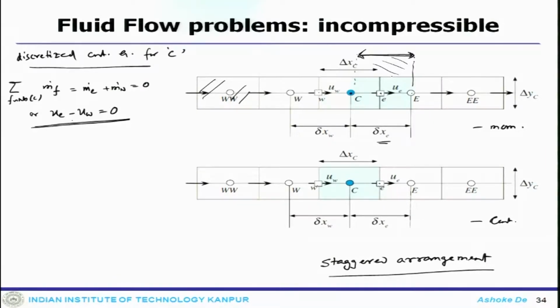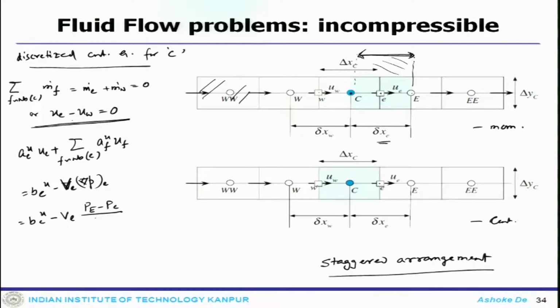Now, once you write the discretization for this control volume, the momentum equation becomes AE U UE plus summation over F around E of AF U UF equals BE U minus VE delta PE, which is BE U minus VE times PE minus PC by delta x E. The pressure gradient is related to the values at the adjacent connecting faces.